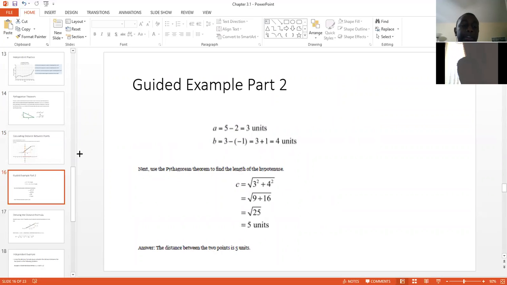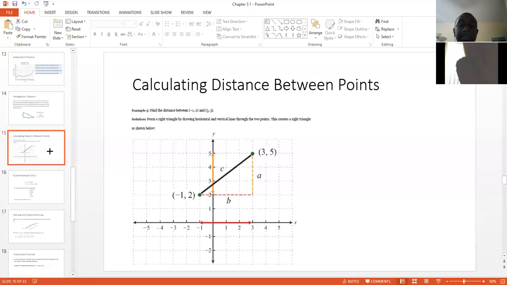So we're trying to find the distance in A and B. Look at B first. The x-coordinates measure distance from left to right, so this is completely horizontal.